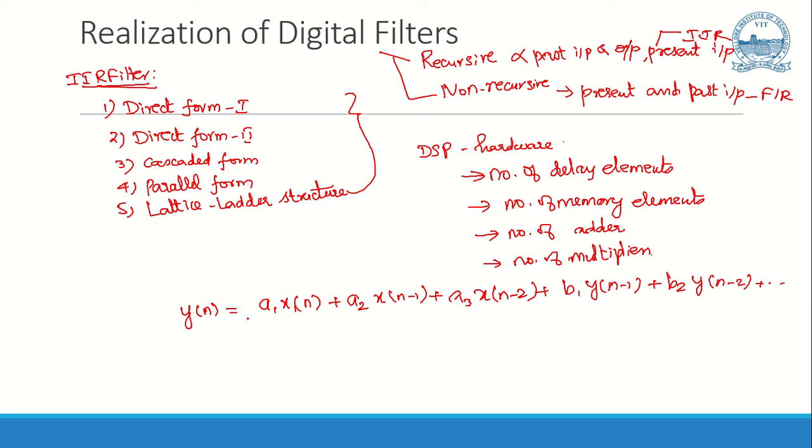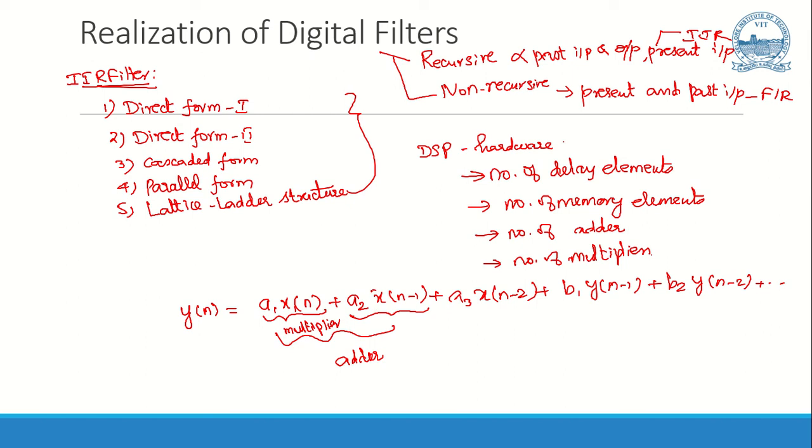So if you see this, here I need a multiplier. I am multiplying two terms, so I need a multiplier. Now these two product terms are added together, so I need an adder.